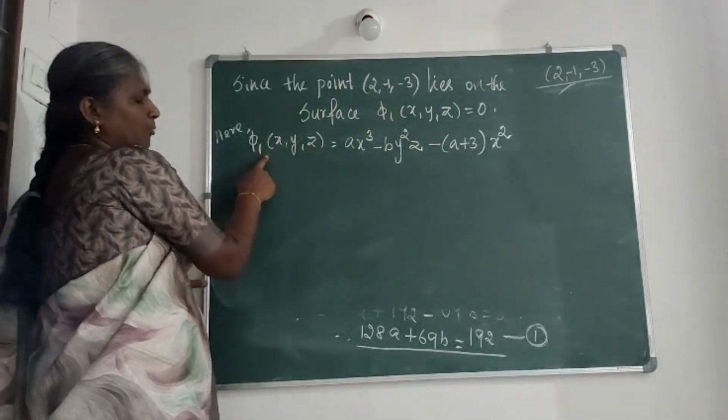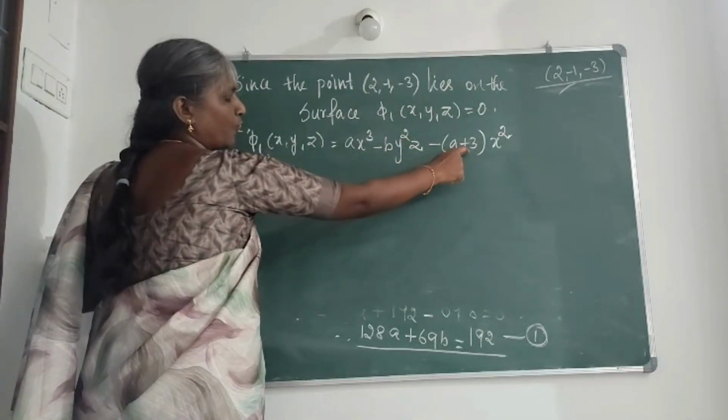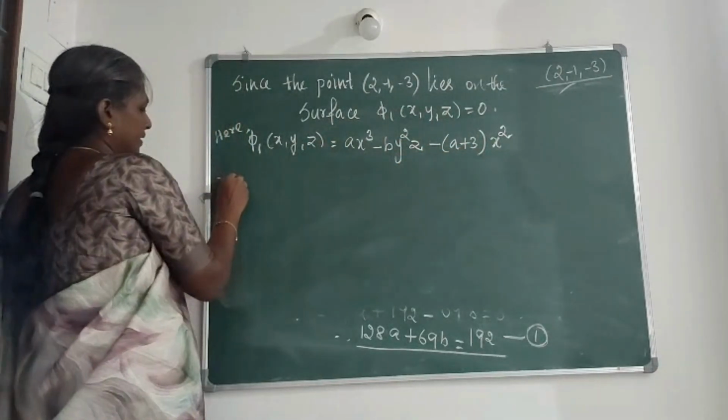What about our pi 1? It is a x cubed minus b y squared z minus of a plus 3 into x squared.